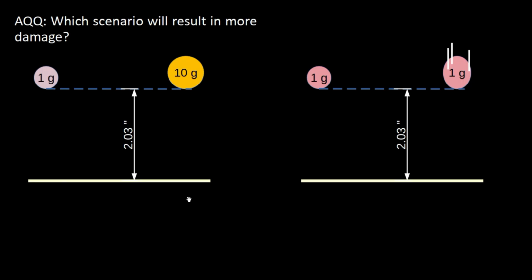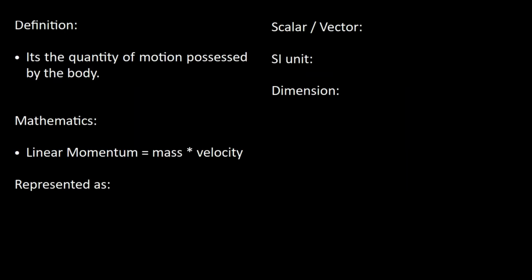You'll understand that in the gravitational chapter, that when two objects are dropped from the same height near the surface of the earth, they will gain the same amount of velocity. There are a lot of conditions, but the point here is mass and velocity play a role in how much force or damage it will do to the object in front of it, or to itself as well. And that is your linear momentum.